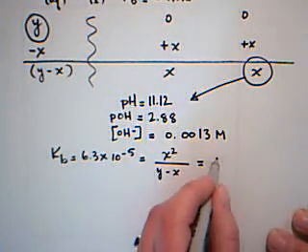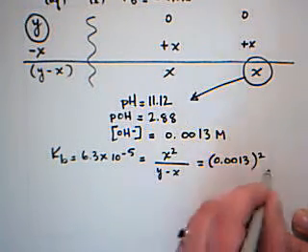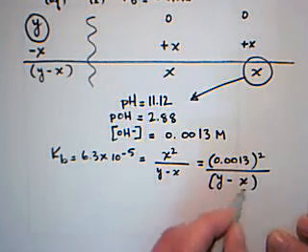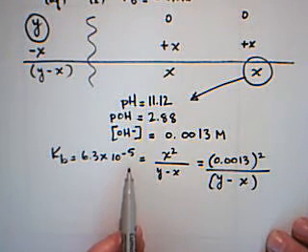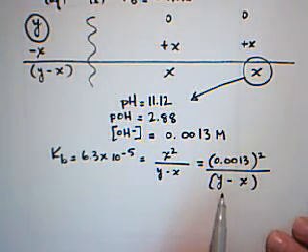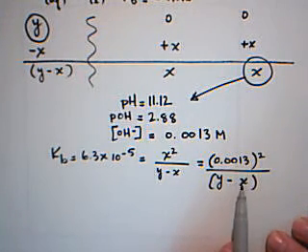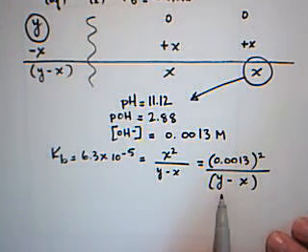We found out what x is, and we divide it by y minus x. And probably because this 10 to the minus 5 is small, and we have enough experience now to make the safe assumption that x will be small compared to y, and so I could probably take that out and just put 0.0013 squared over y and solve for y.